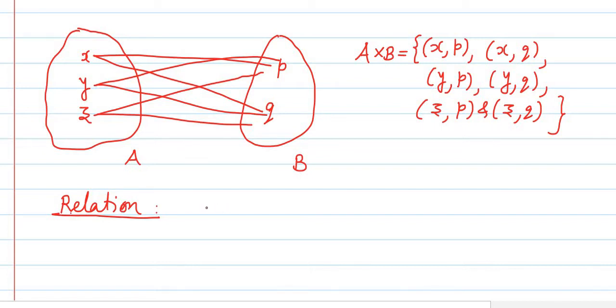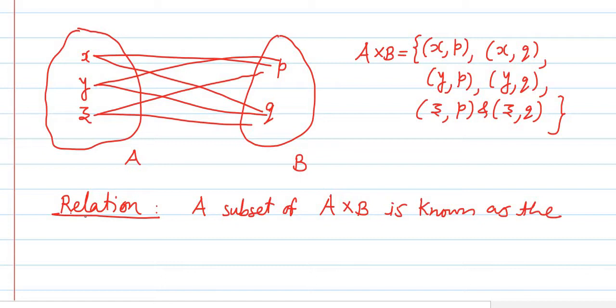If we have a subset of the Cartesian product A cross B, then it is called a relation from set A to set B. A subset of the Cartesian product A cross B is known as the relation from set A to set B, relation from A to B.